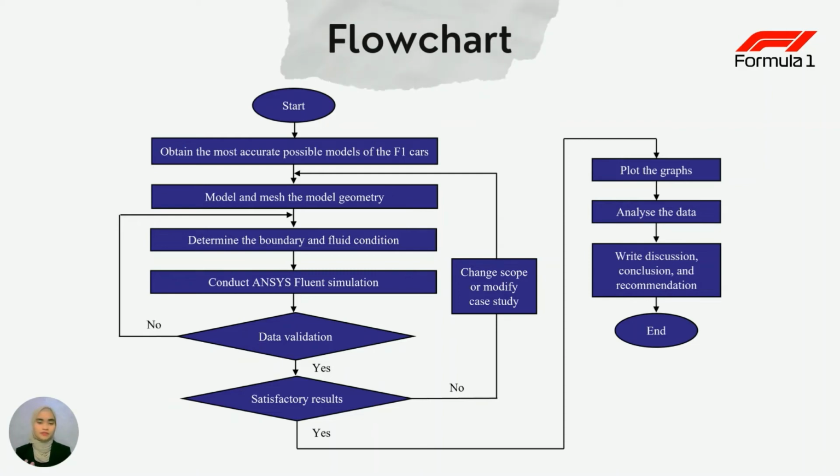Then we have to check the data validation, whether the numbers are logical compared to previous studies and our expectations. If yes, then we have to decide if it's indeed a satisfactory result or whether we need to modify the case study. If no, then we need to repeat the process and determine a different boundary condition. Once we obtain a satisfactory result, we shall plot a graph and then analyze the data according to the objective of the study.